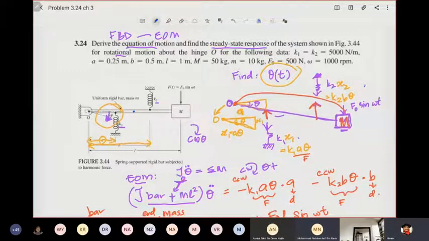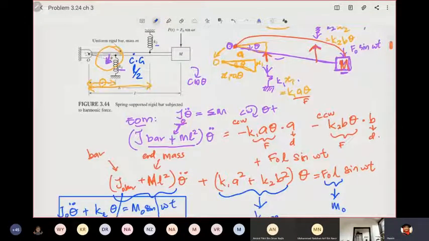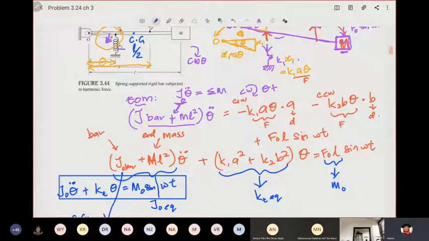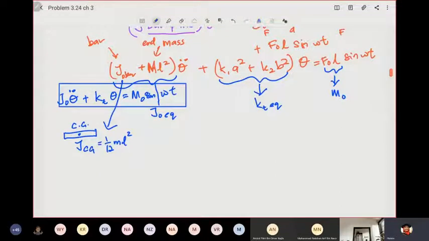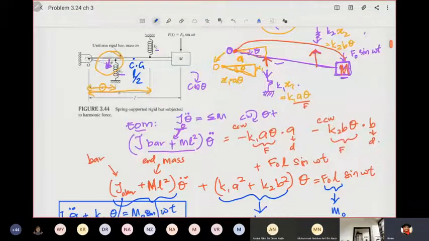So your center of gravity is in the middle, which is L/2, because the total distance is L. So what will be the distance between the pivot point and the center of gravity? 0.5 L, L over 2. Yes, they give you the values, which is 1 meter, so then you have to divide by 2.